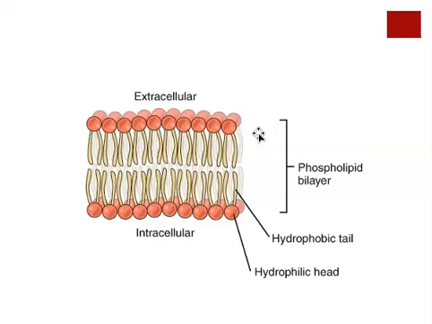So forces are holding the heads together, not bonds. Forces are holding the tails together, not bonds. Now, why is that important? Because it allows this membrane to be very fluid, to be very flexible, to move, in fact, and not be a rigid structure.